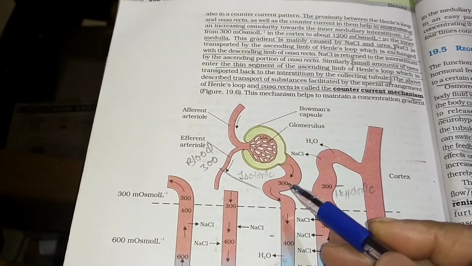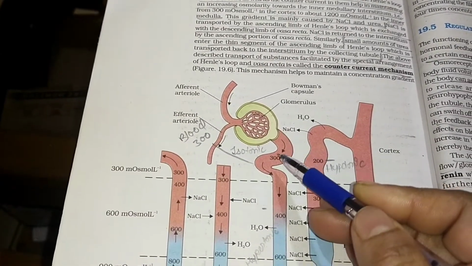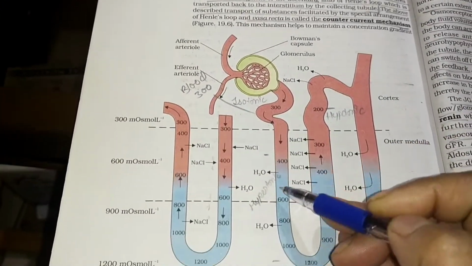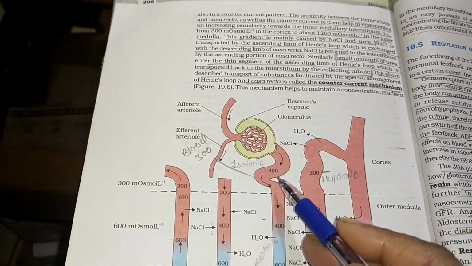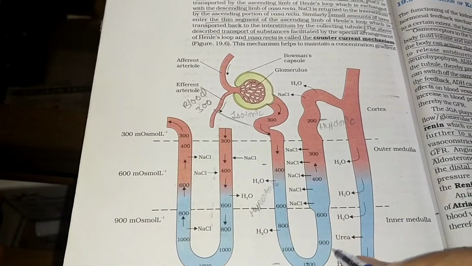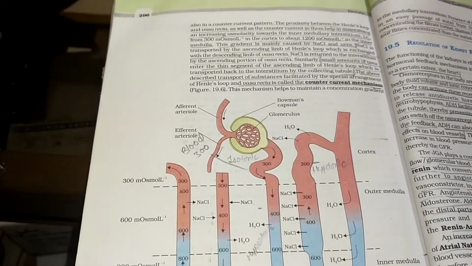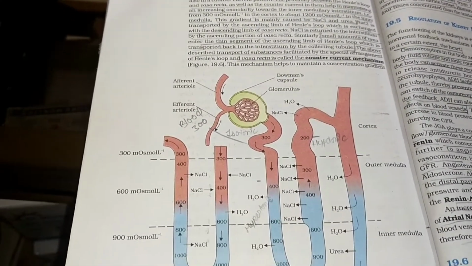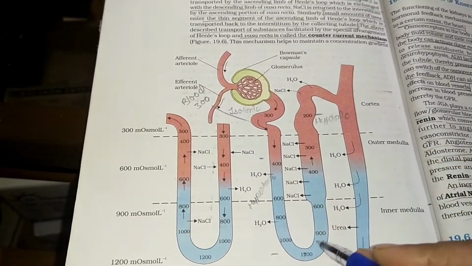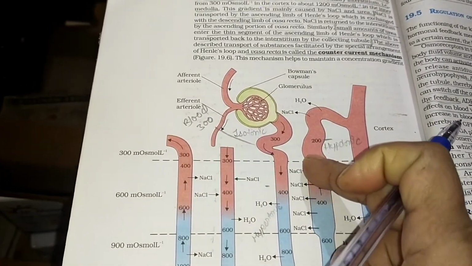When the filtrate is coming from the renal tubule, from the PCT, then Henle's loop to DCT, it goes from 300 osmolar to 400, then 600, 800, 1000, to 1200. That means the concentration is increasing, and when it is coming up, it is again 900, 600, 400, 300, meaning the concentration is decreasing.